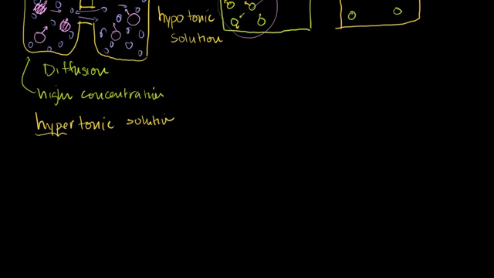So let's think about that situation. In order to think about it, I'm going to do something interesting. Let's say we have a container here. Actually, I won't even draw a container. Let's just say we have an outside environment that has a bunch of water. This is the outside environment.